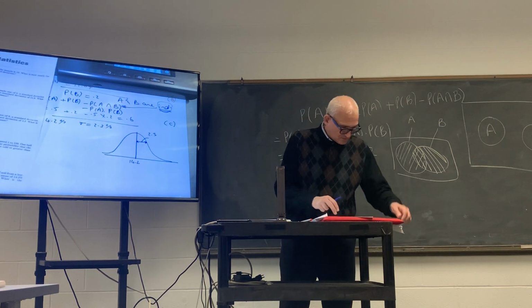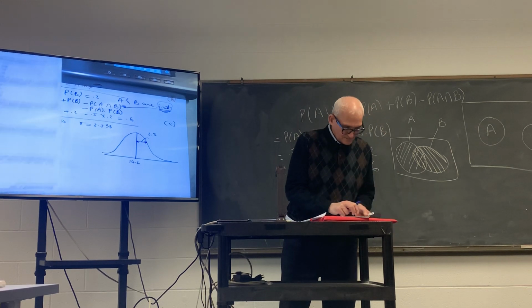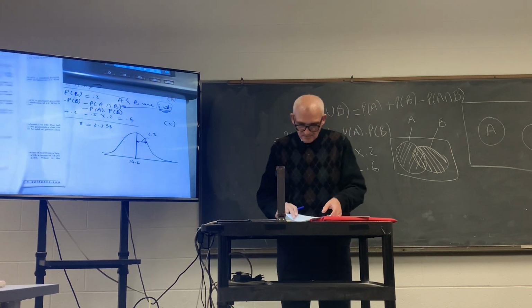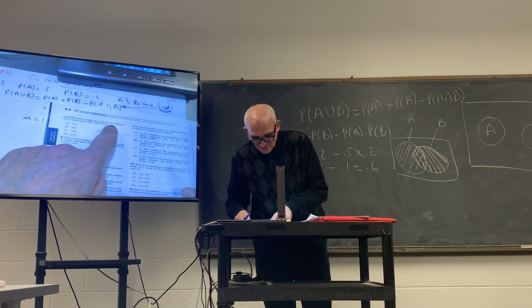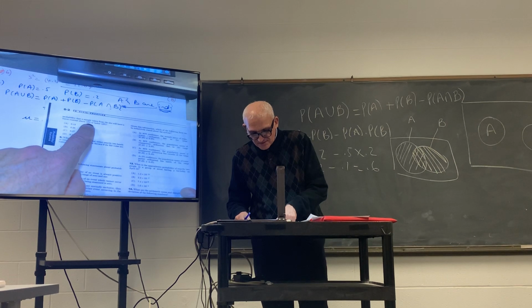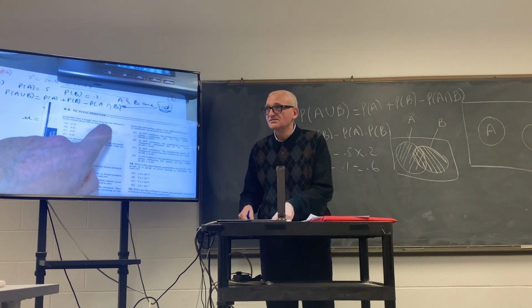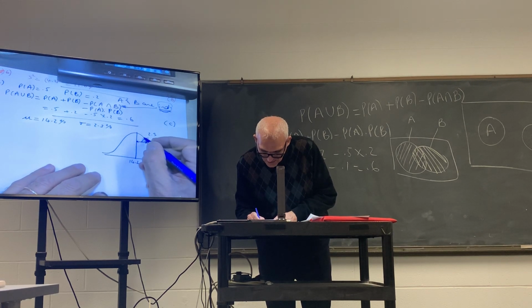They ask you, this is the second page. What is the probability that a sample taken from the site will have a water content above 16% or below 12%? The 16 would be somewhere here.